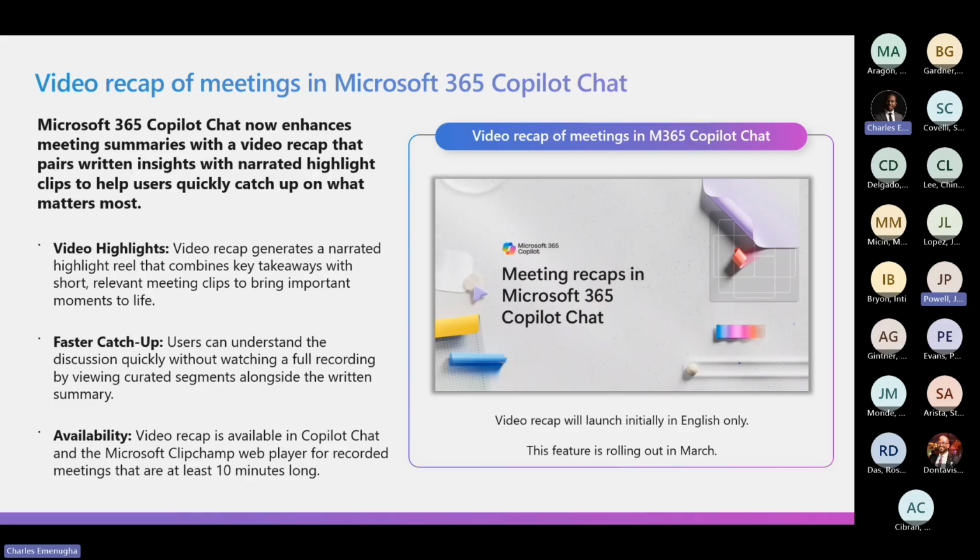You can think of the video recap as the trailer to an awesome movie. It just shows you the key interesting bits that are also very relevant. This update is English only at the moment, and it started rolling out last month, which is March.